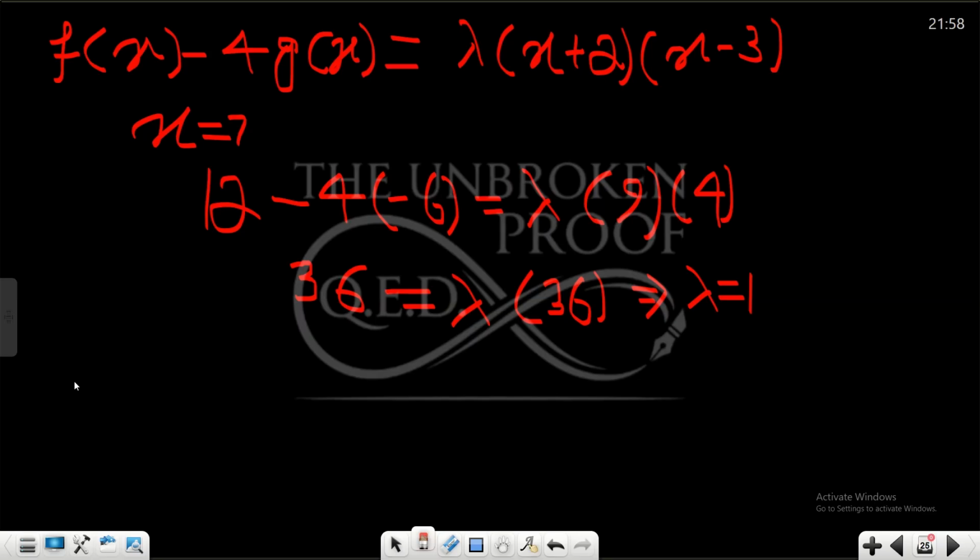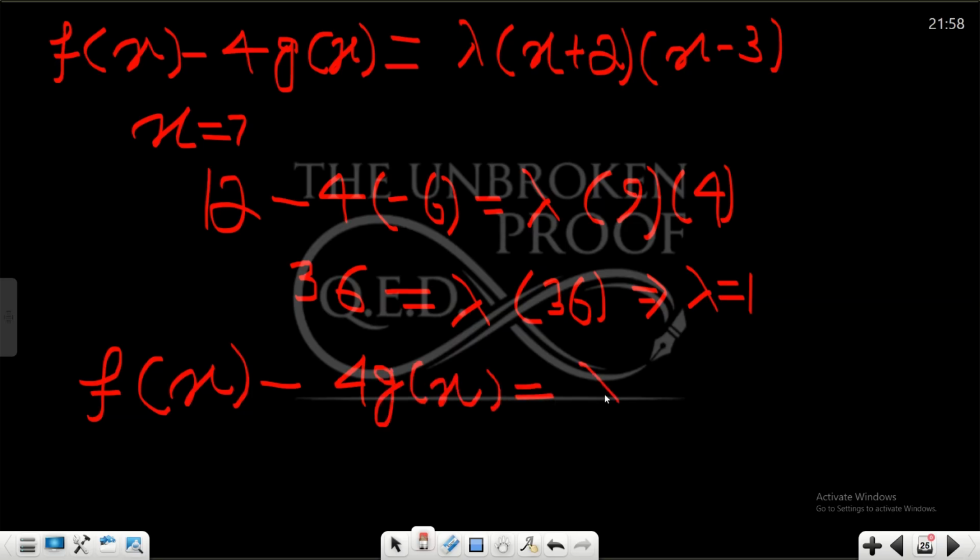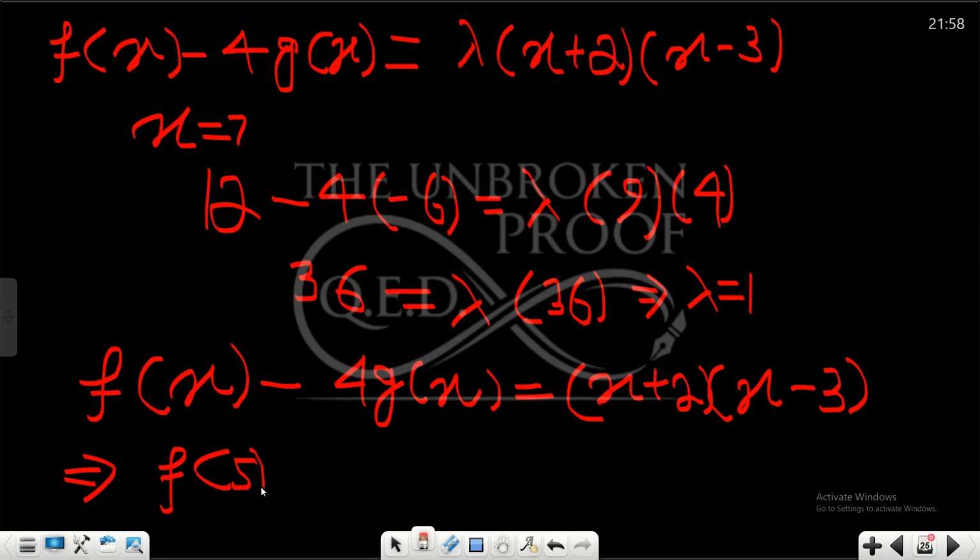So finally the equation that we'll get is f of x minus 4 times g of x is equal to x plus 2, because lambda is 1, and x minus 3. And if you substitute x as 5, you'll get f of 5 is equal to 4 times g of 5.